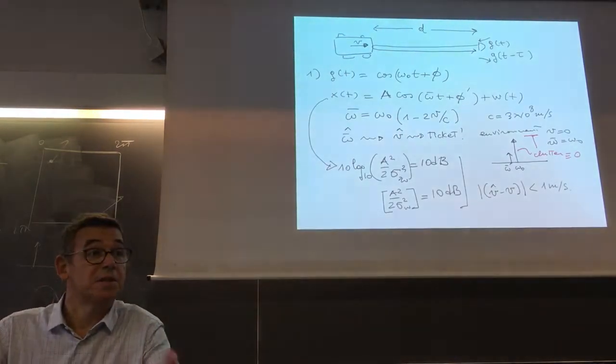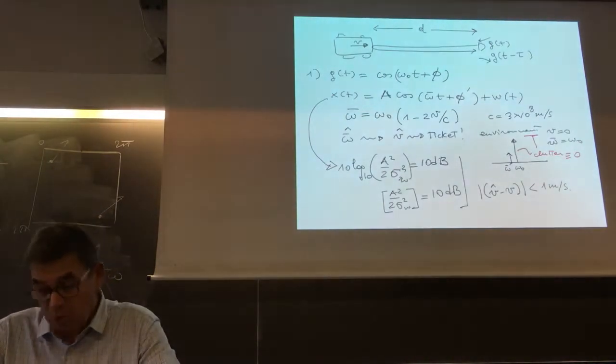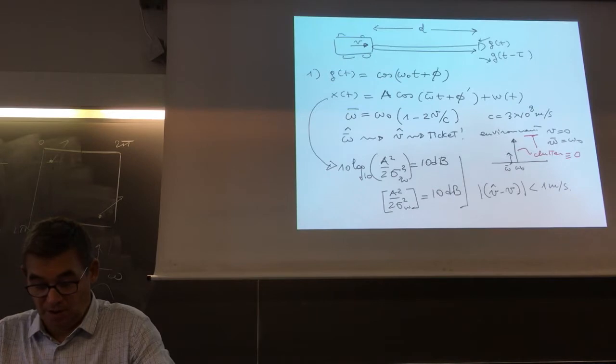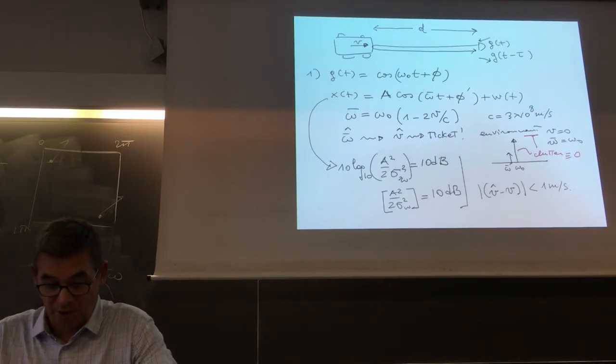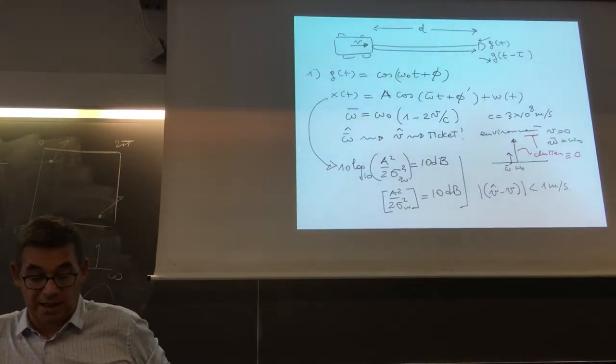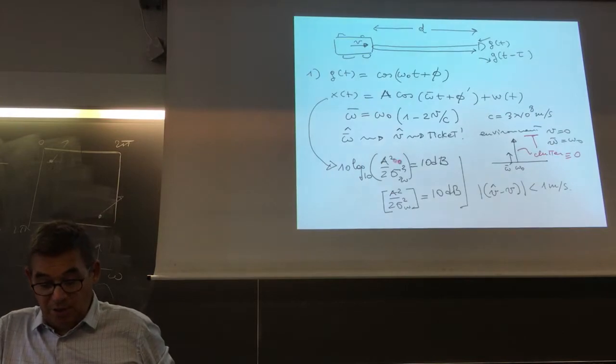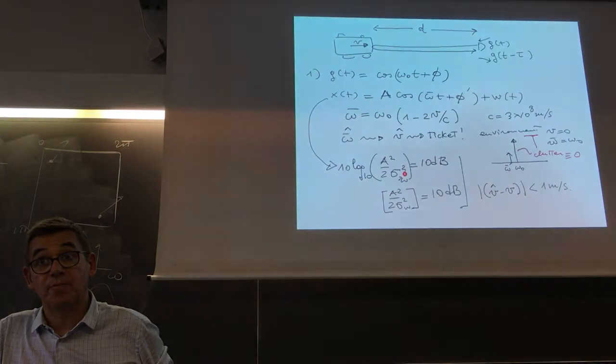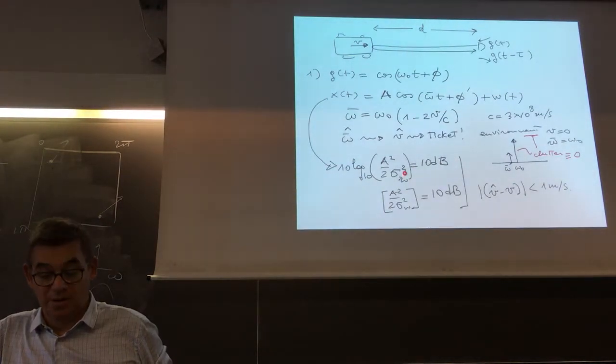This is the degree of uncertainty. Now, this quantity makes 10 dB. That is that measurement. In this way, if I say that this is equal to 10 dB, I know what A squared divided by 2 sigma squared is. By the way, in this case it is equal to 10.